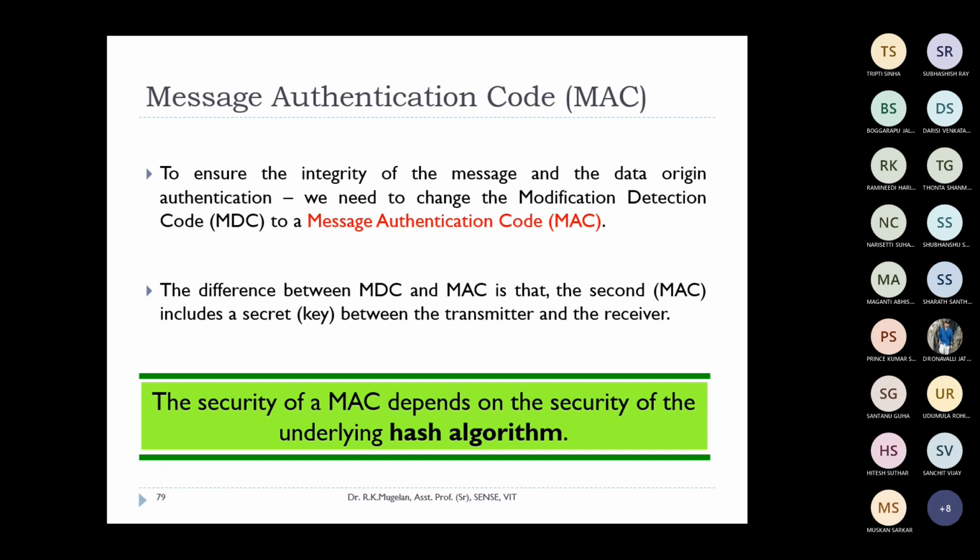Whereas with the message authentication code, we have slightly modified our hashing algorithm, nothing much. What we did is add a secret key, a secret key which will be known to both the transmitter and the receiver. If you remember, we just saw a few applications of hashing algorithms. In the third and fourth types, we introduced a secret key into the hashing.